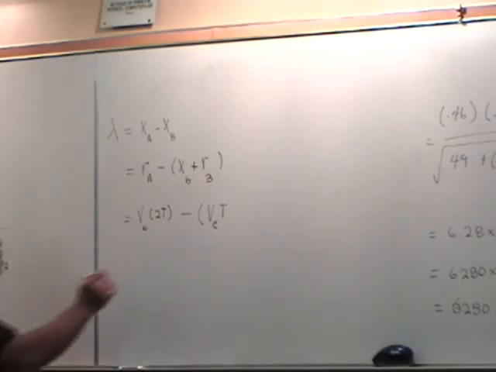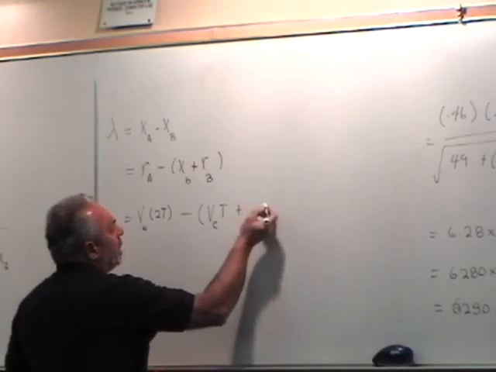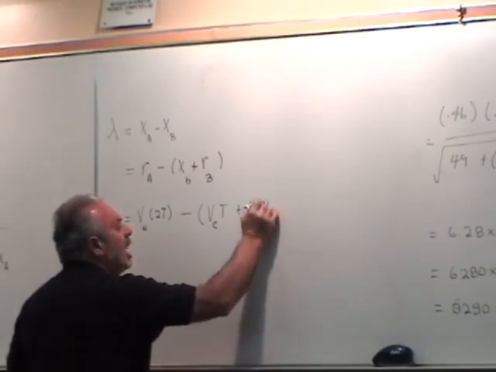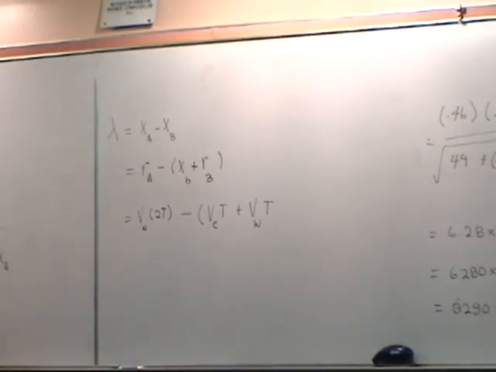And then he adds to that R sub B, but R sub B is the same wave, so it travels at the same velocity. However, now it is 1 period later, so it only requires 1 T to travel to position B.